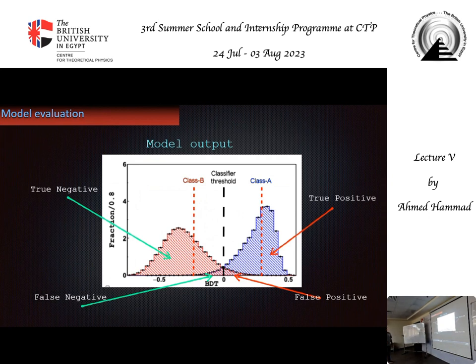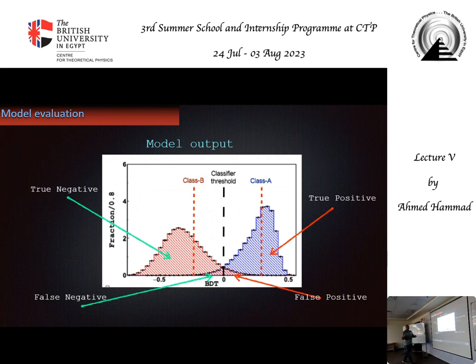If the negative is most likely clustered on the negative side, then that's a true negative. So I know this is a negative, and the model predicts this is a negative. The model knows this is a red point. Also, if it's a positive and it goes more toward the probability of being 1, then this is what's called a true positive.